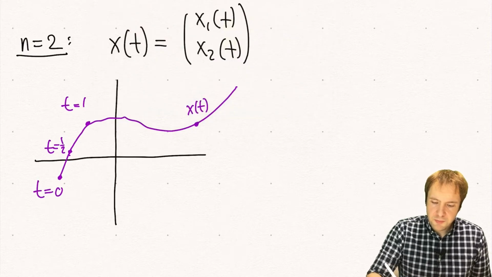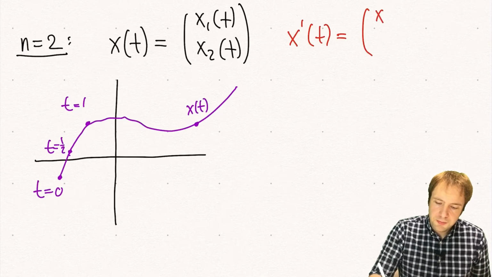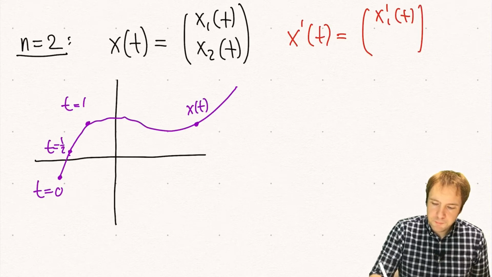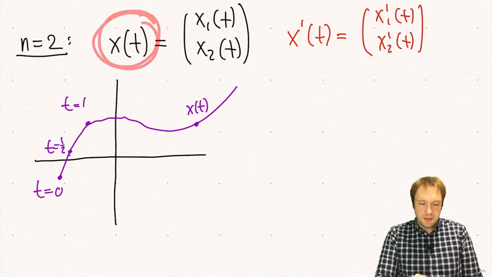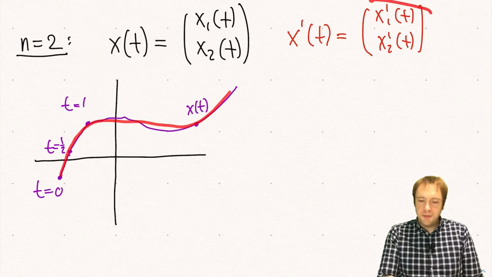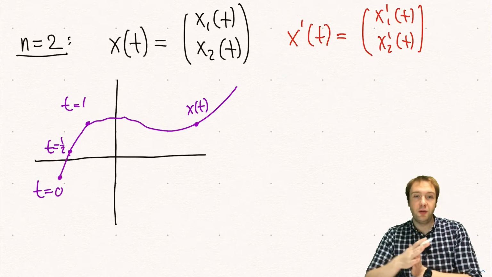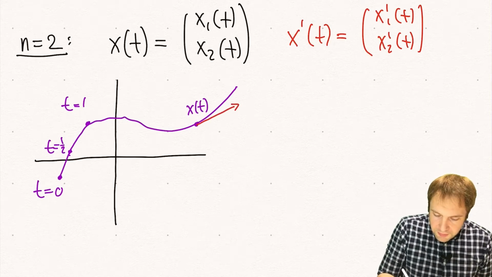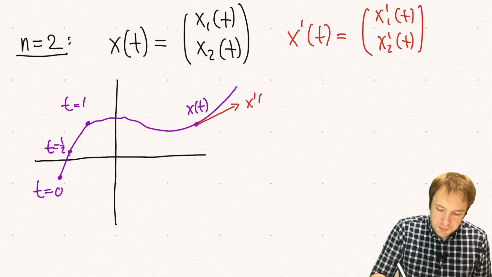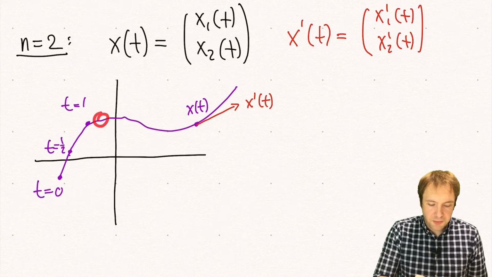But what is the derivative vector in this picture? This is the change of this vector. We have a curve here, and this vector, x prime, says at each point in which direction the curve will go. So if we draw this vector in the picture, then this is exactly the vector x'(t).